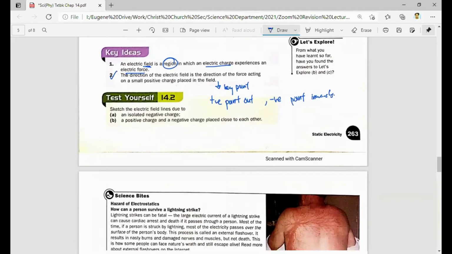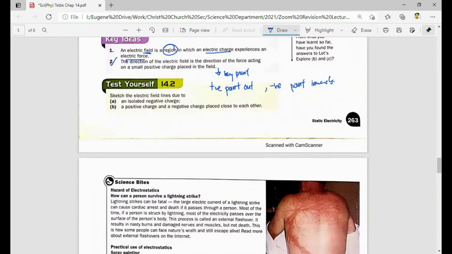Actually, we are at the end already, but I'd like us to really look at this one, Test Yourself 14.2. You might want to go about drawing these two, and even possibly looking at two positive charges or two negative charges placed close to each other.